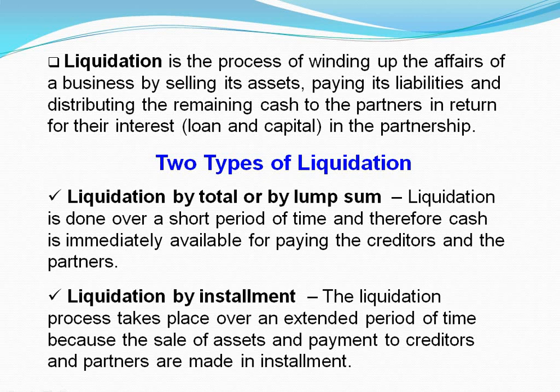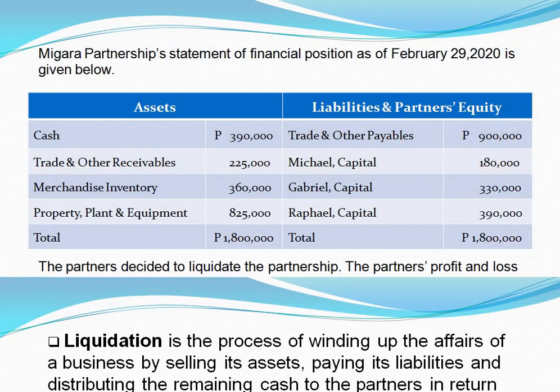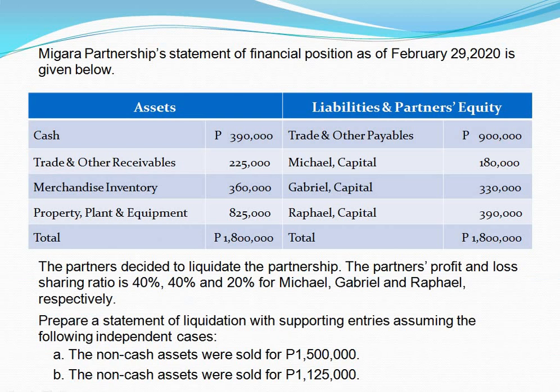Instead of discussing all the theories first and make you feel sleepy, let's jump right on this problem. And as we go along, I'll be discussing important related terms and concepts. Megara Partnership's Statement of Financial Position as of February 29, 2020 is given below. So we have the asset, liability, and equity accounts of the business.